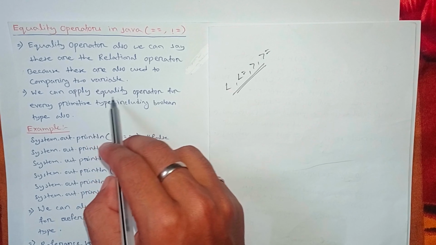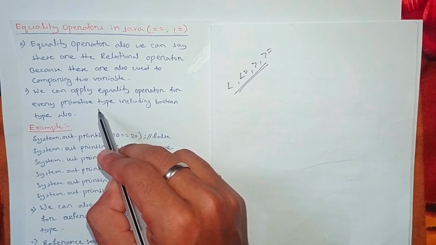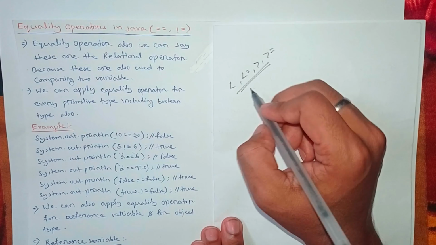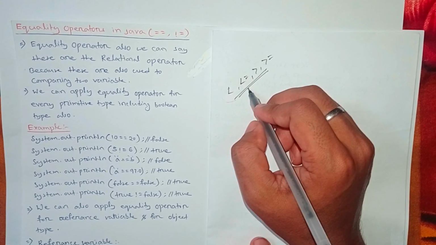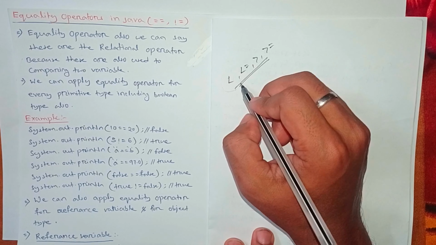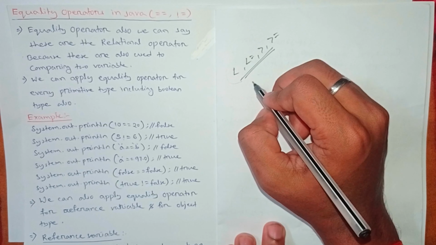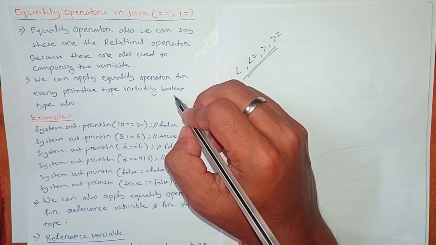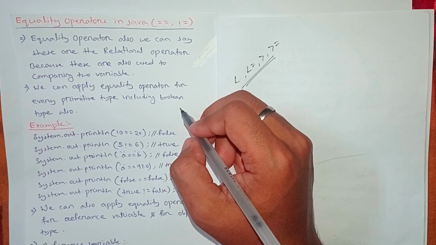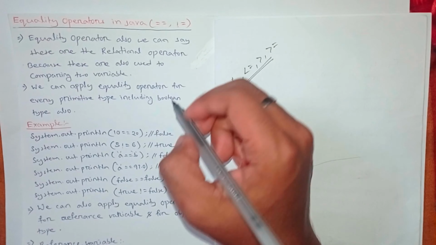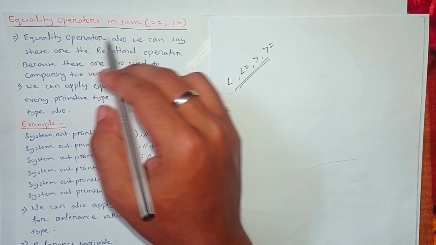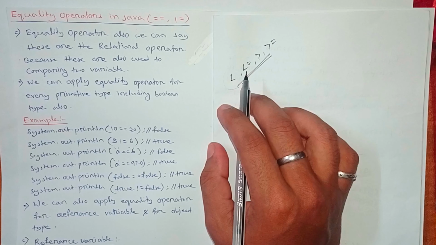We can apply equality operators to every primitive type including Boolean type. Relational operators are used for every primitive type except Boolean type, but equality operators can be used for Boolean type. This is the difference between equality operators and relational operators.